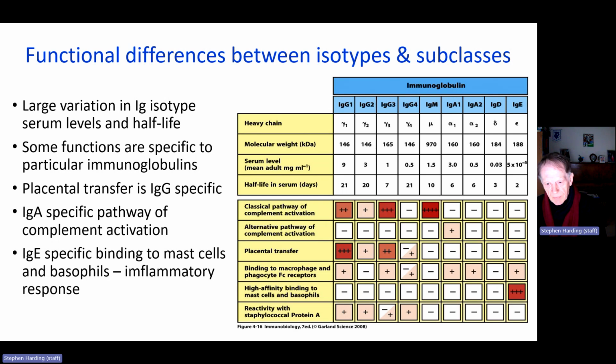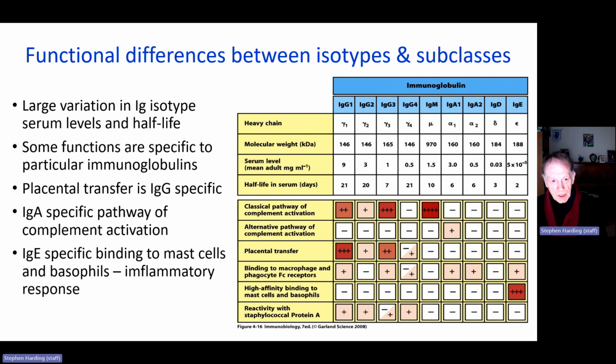Right, this table, taken from the immunobiology book, gives a nice comparison between the IgG classes and different isotypes. So there's a large variation in IgG isotype serum levels and half-life.